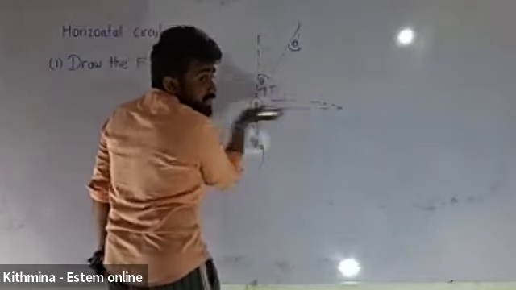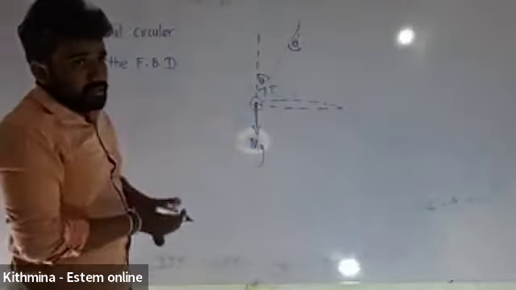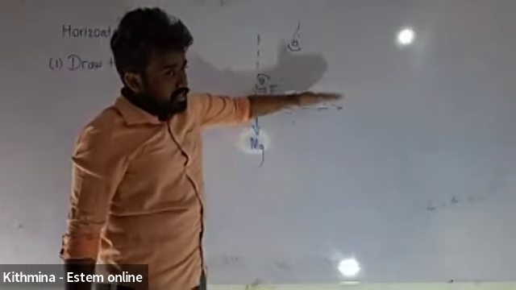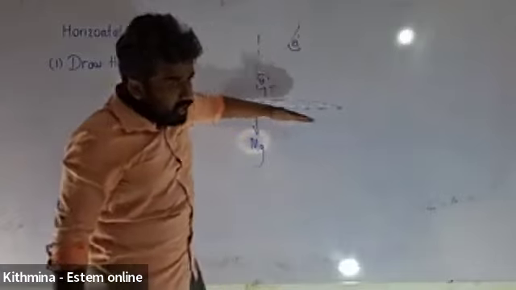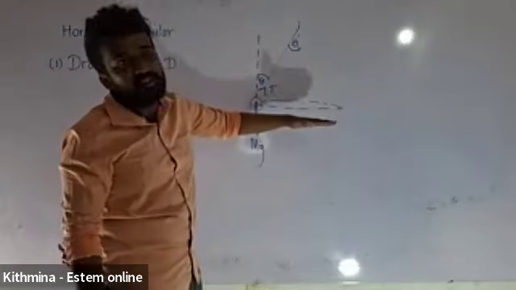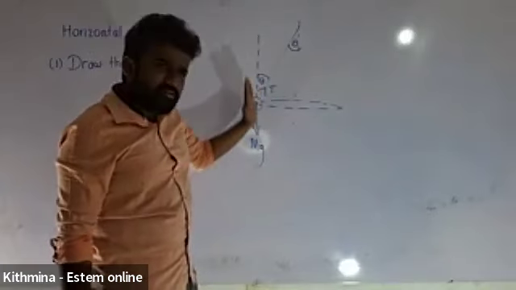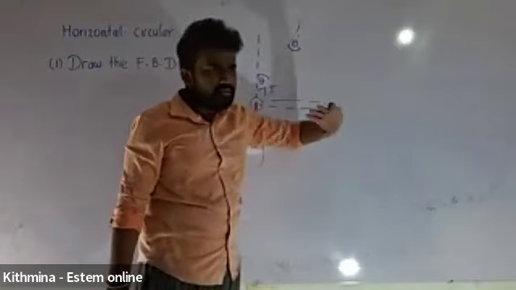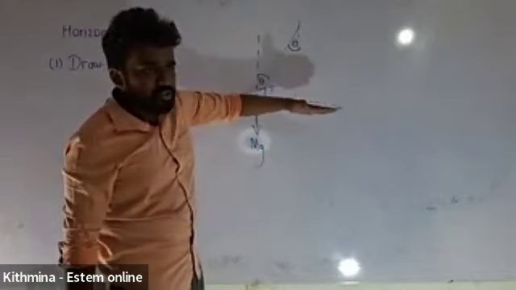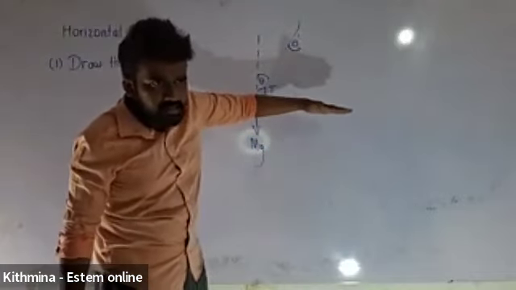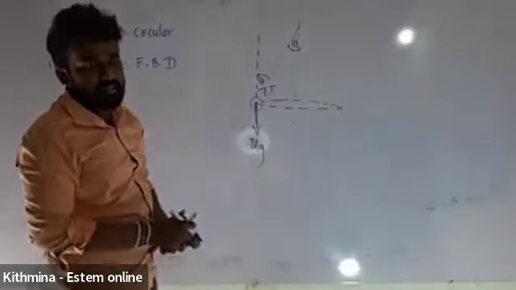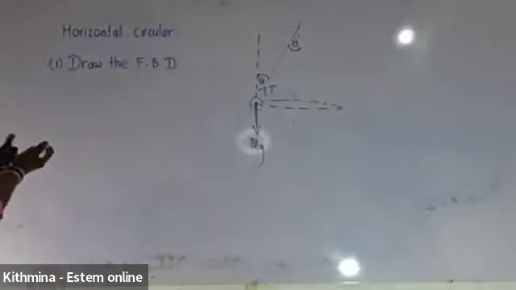T sin theta is acting as the centripetal force. There are no separate centripetal forces. Only tension and weight. If there is friction, you can mark friction, the usual forces, and you create the centripetal force by resolving. That is how we draw the free body diagram.